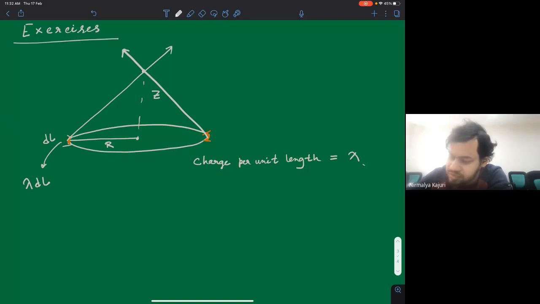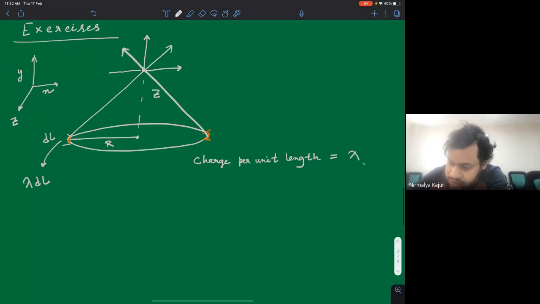And so we can resolve them into the x and y axis, which let's call this axis y. This is x, and the one sticking out of the paper is z. So we have x and y axis over here. And so these are the two forces, F1 and F2.